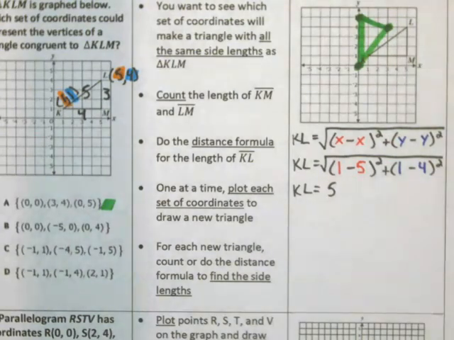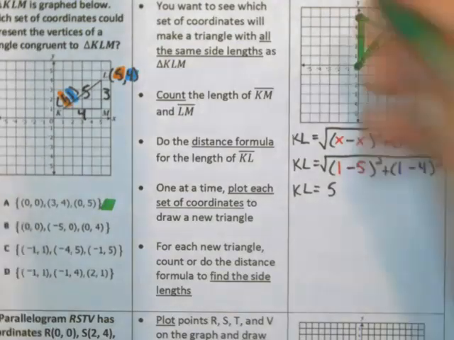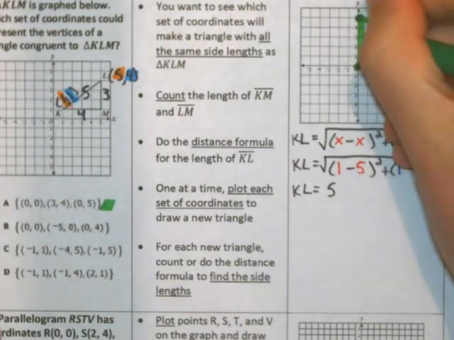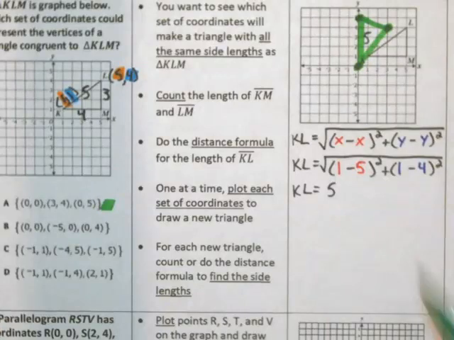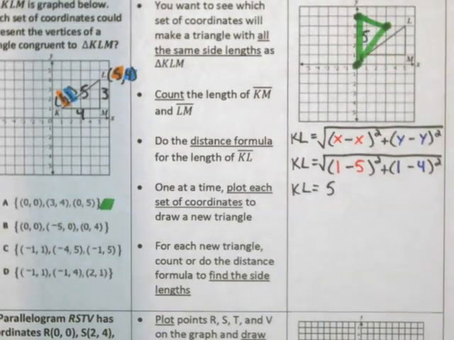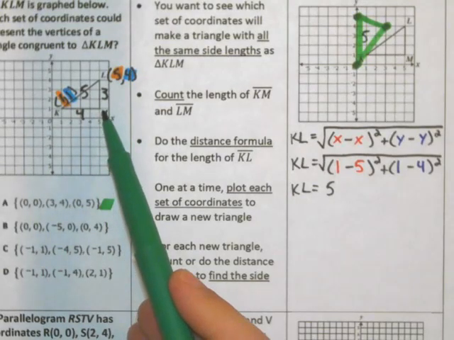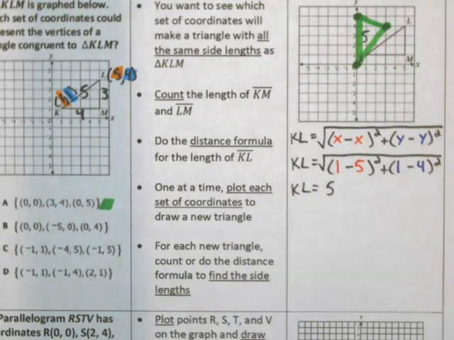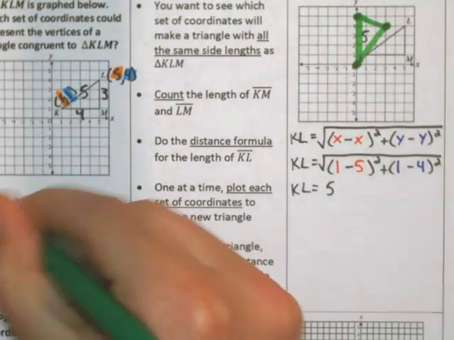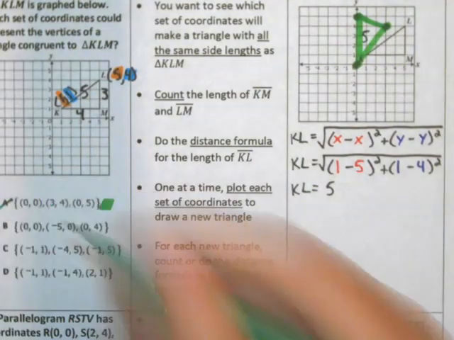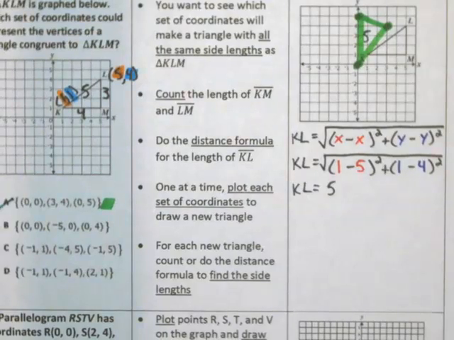So that's the first set of coordinates. And the only thing obvious here on this green triangle is a side of 5. The other sides would have to be the distance formula. And this isn't matching up what we had over here for KLM. So we're going to cross out that first set. Choice A is gone.